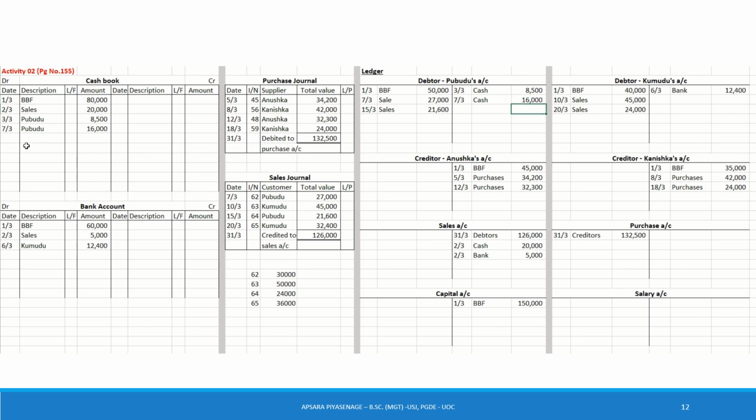Then again cash book is debited with 12,000. Although a check has been received, it has not been deposited on the same date. Then we record that in the cash book. We consider that as a cash receipt.